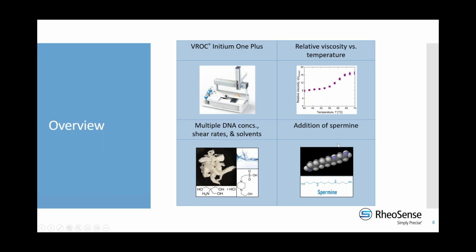Then finally, we'll look at the impact of adding the condensing agent, the multivalent polyamine, to see how this reduces the viscosity depending on the concentration of the DNA, and also how this condensing agent impacts thermal transitions, basically the melting of the DNA structure.